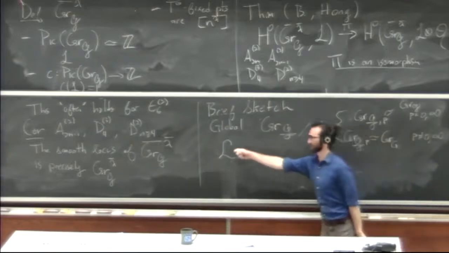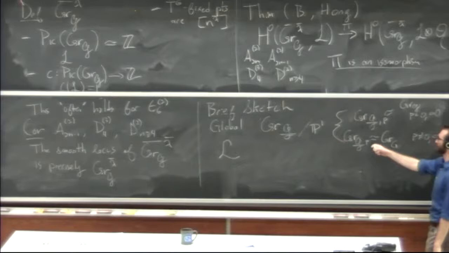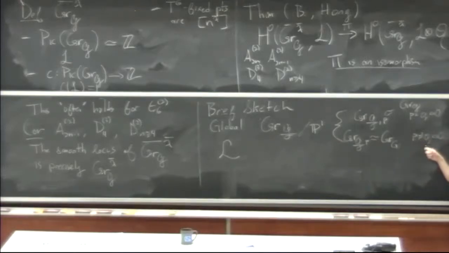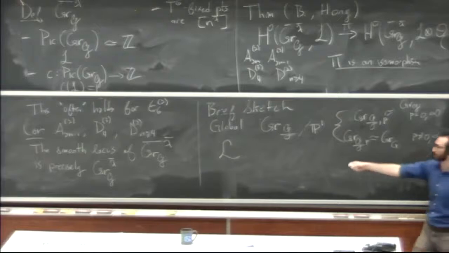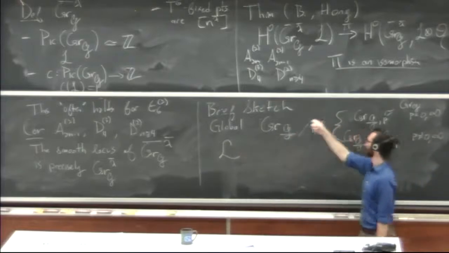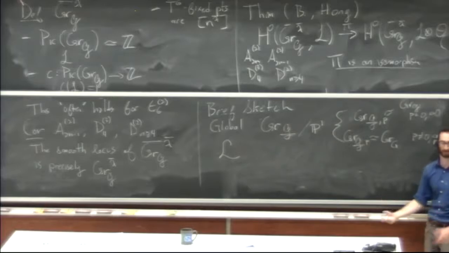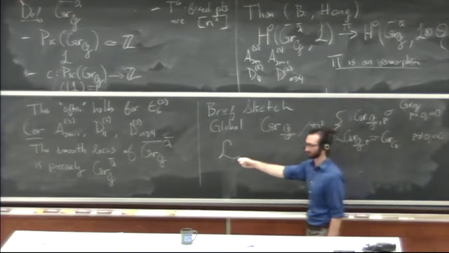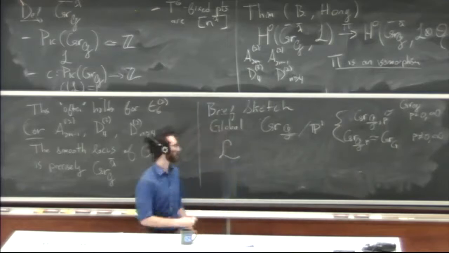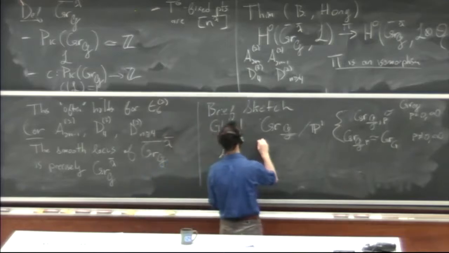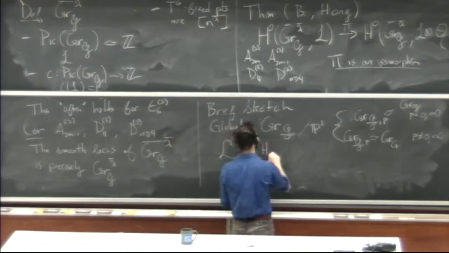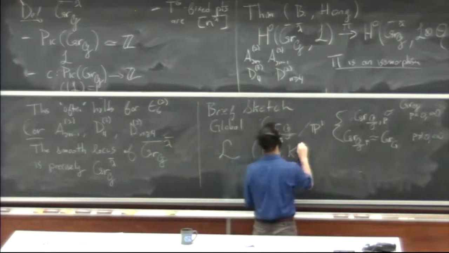So when I restrict this global line bundle L to a fiber where P is away from 0 and infinity, it's the ample generator for the untwisted Grassmannian. And when I restrict this line bundle to the fiber over 0 or infinity, I get the ample generator for the twisted Grassmannian. So the construction of this line bundle involves twisted conformal blocks and some work of Professor Hong and Professor Kumar.